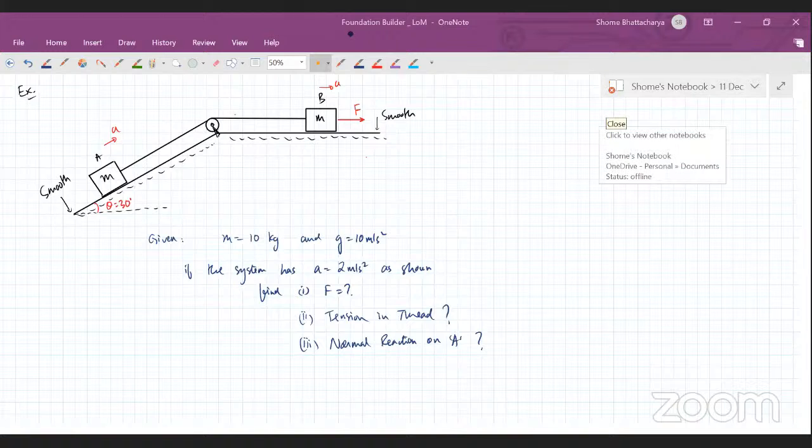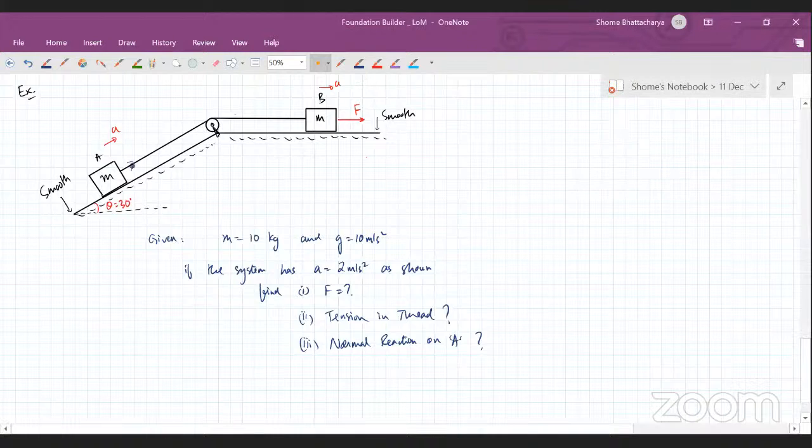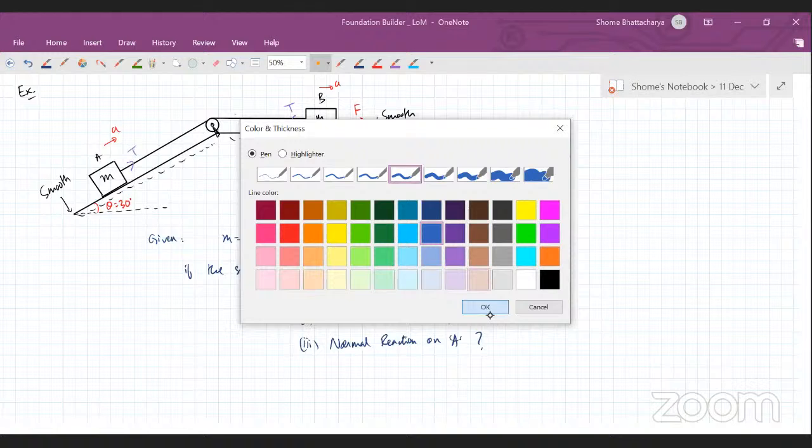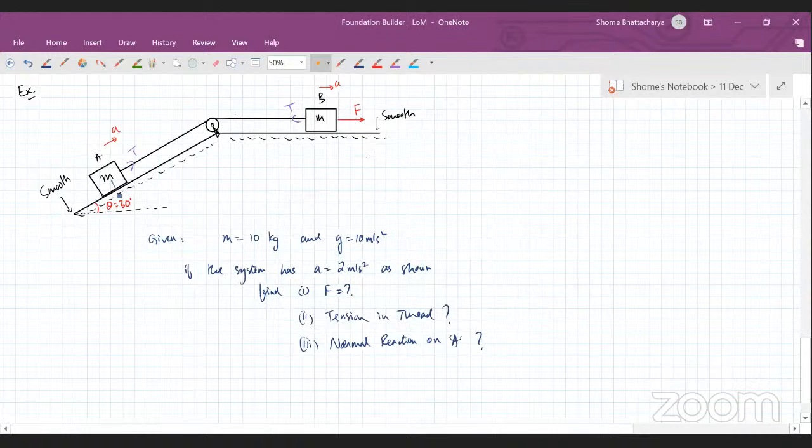So let's check out the value. Now I'll directly make the free body diagram here only. If I take the weight in components, this will be mg cos theta, so that is root 3 by 2 mg, and this component of weight on this side will be mg sin theta, so that will become mg by 2.